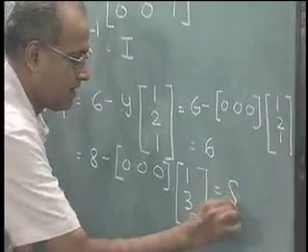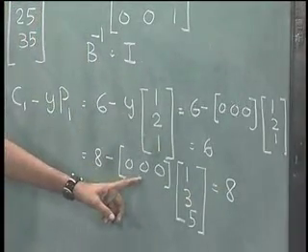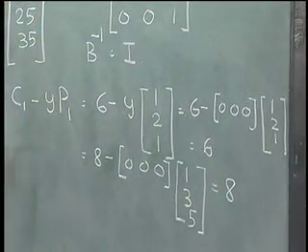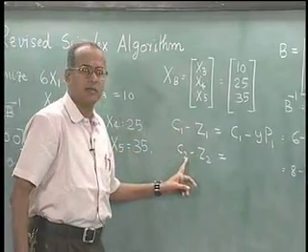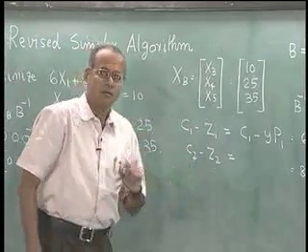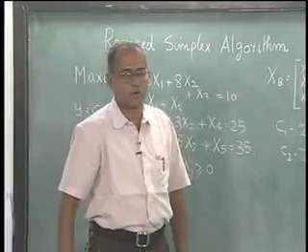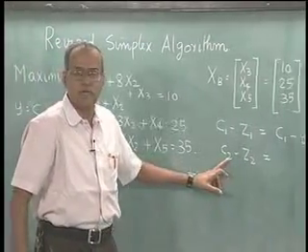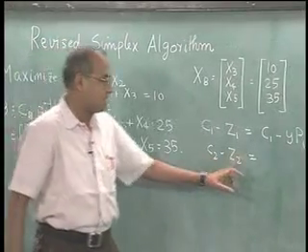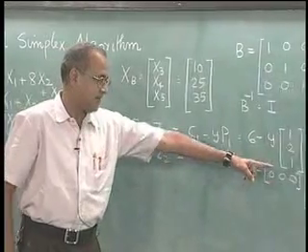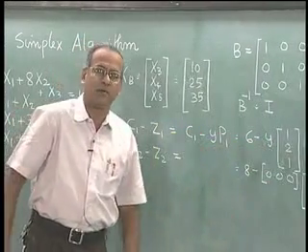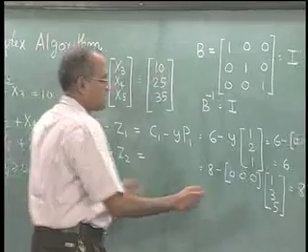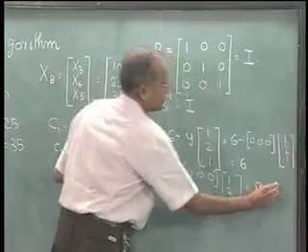So, this will be 8 because y is 0. Now, both C1 minus Z1 and C2 minus Z2 are positive. So, based on the maximum coefficient rule, variable x2 will enter the basis because C2 minus Z2 is 8, which is bigger than C1 minus Z1. So, variable x2 will enter the basis.